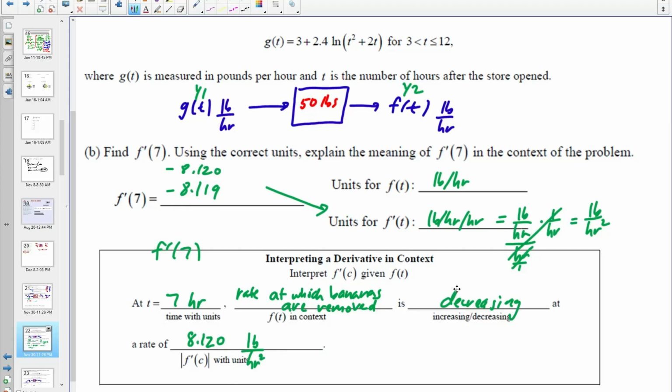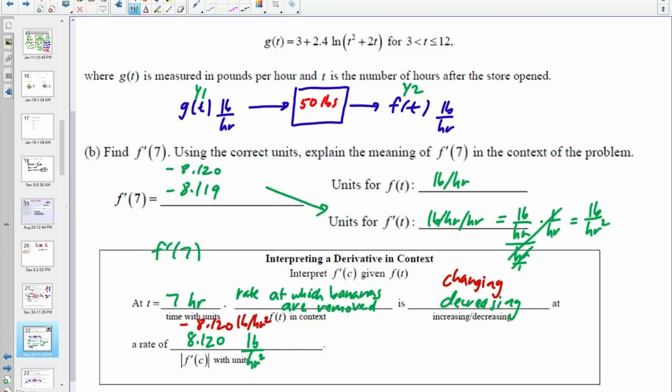Another way you could do it, although AP is moving away from this way, is to just memorize that this is changing at a rate of negative 8.120 pounds per hour squared. In the past, the red has always been acceptable.